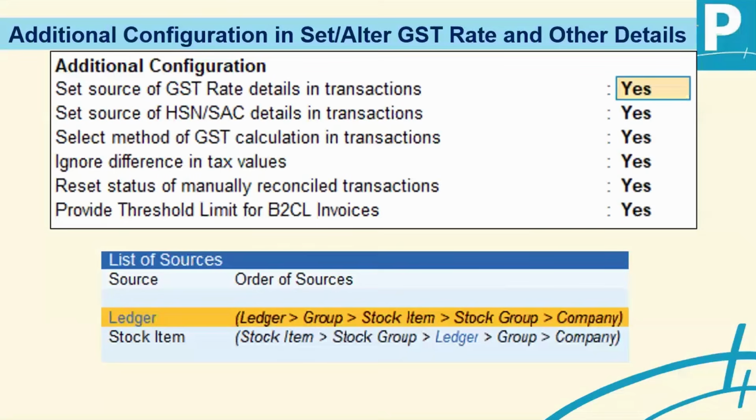Anyway, this source of information, we have already seen it. By keeping this source of information correct, we can reduce the corrections and exceptions items falling in the GST reports, either GSTR1 or GSTR3B.